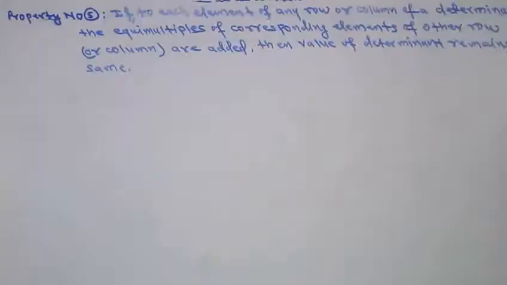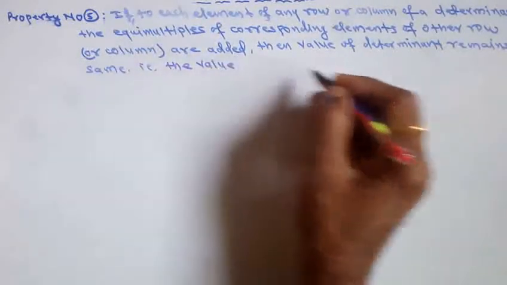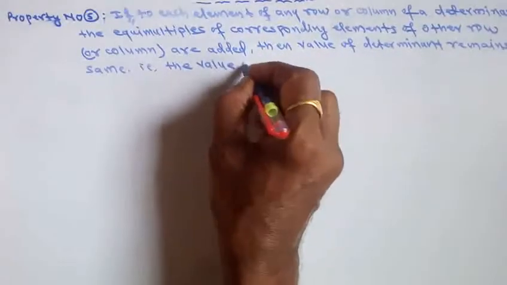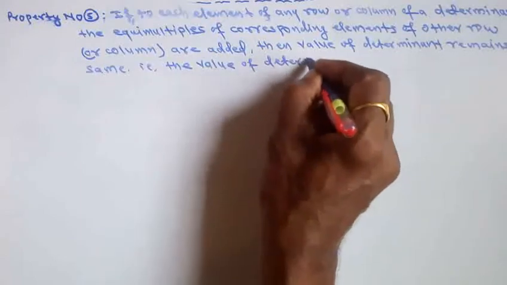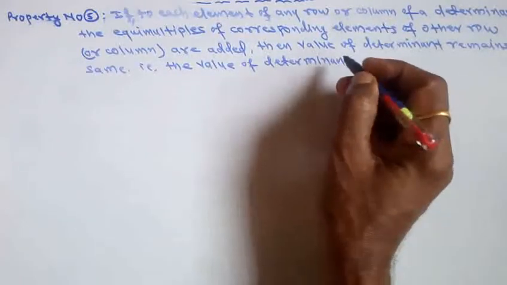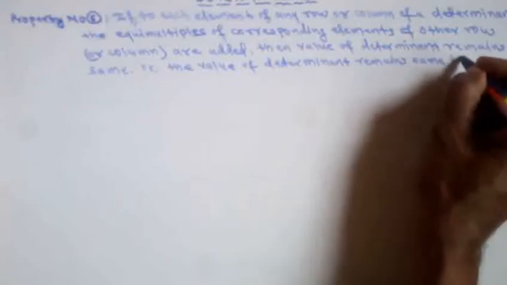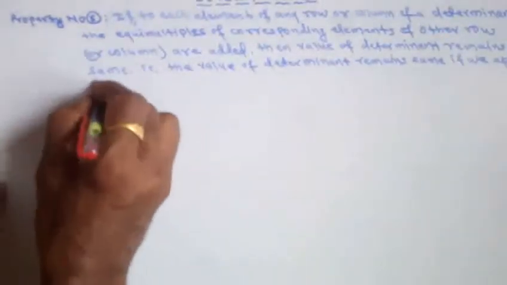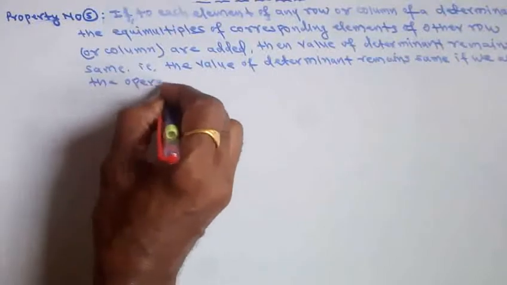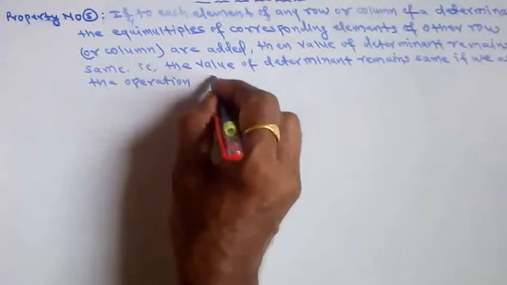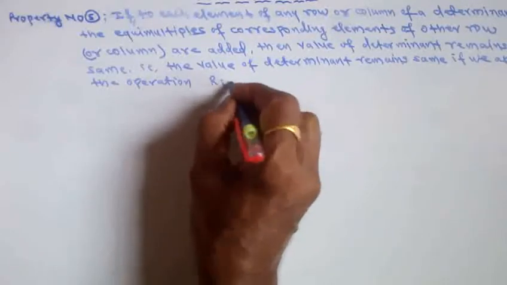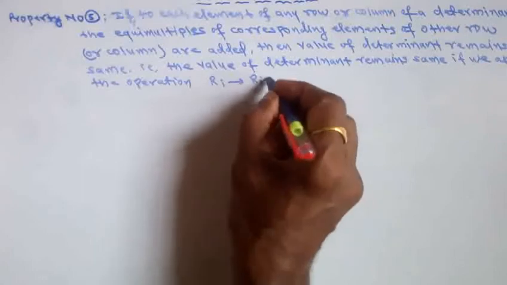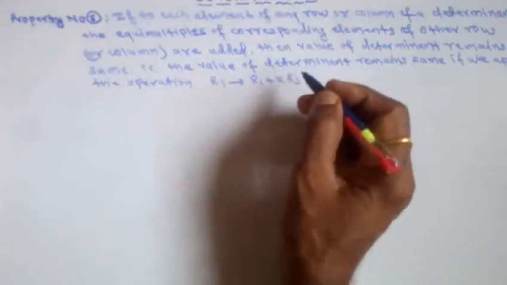So this is your sixth property, that is, the value of the determinant remains the same if we apply the operation Ri as Ri plus k times Rj.